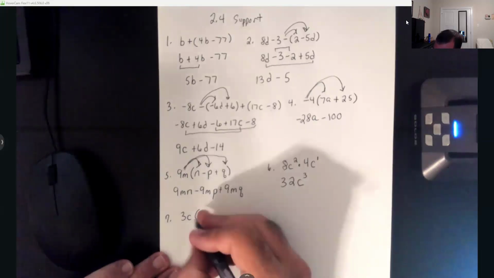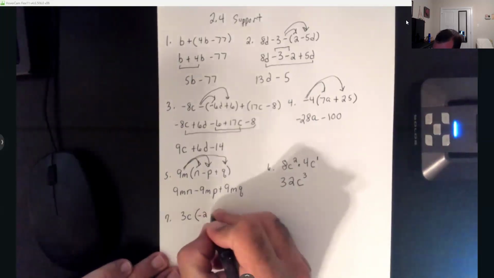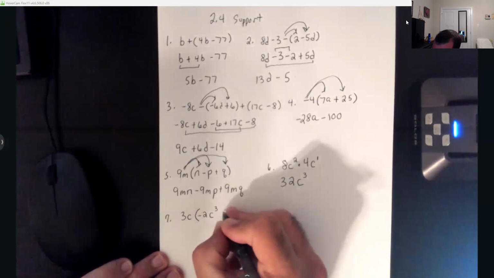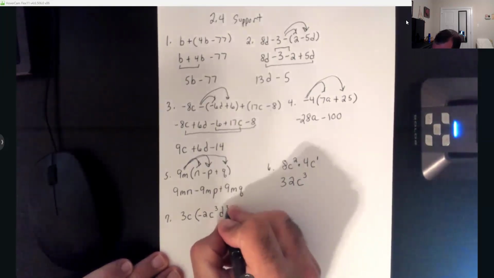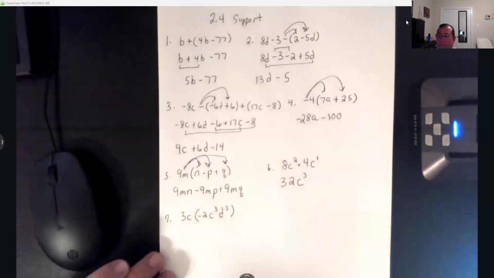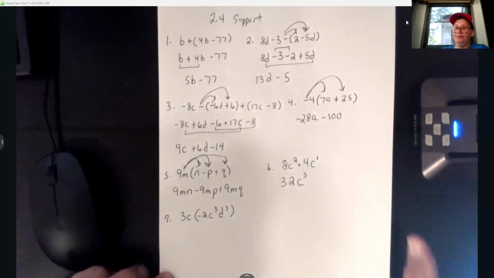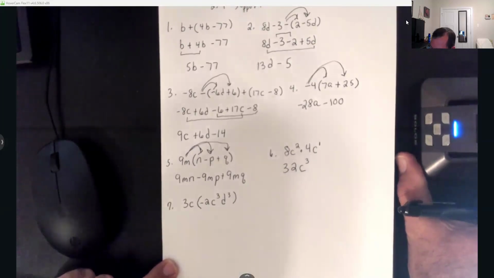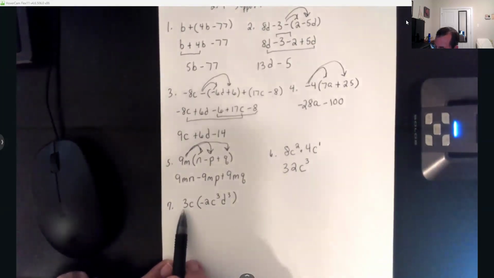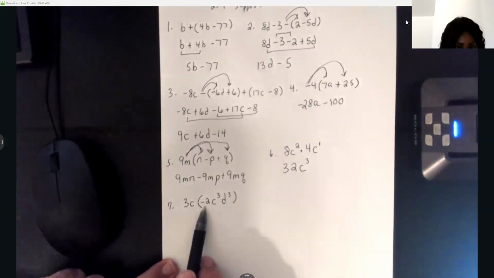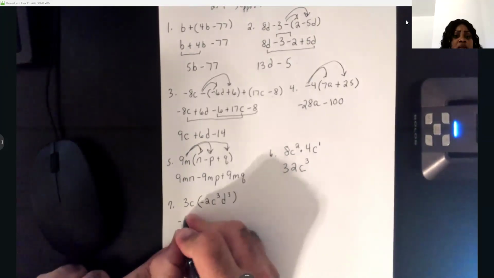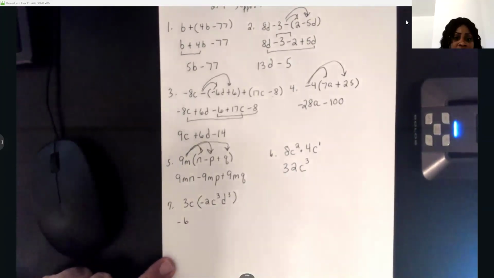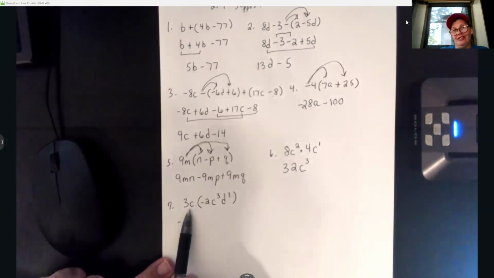All right, 3c times negative 2c cubed d cubed. Well, we know we can do the numbers first. So 3 times negative 2 is negative 6. Now, you got a c here.